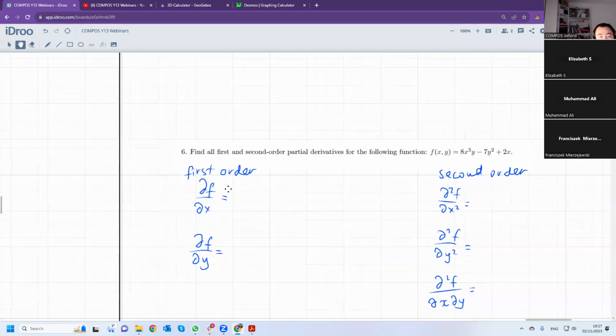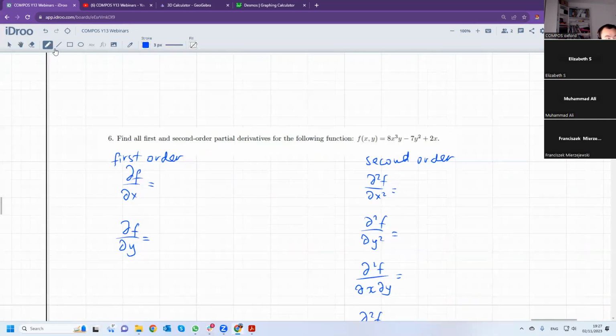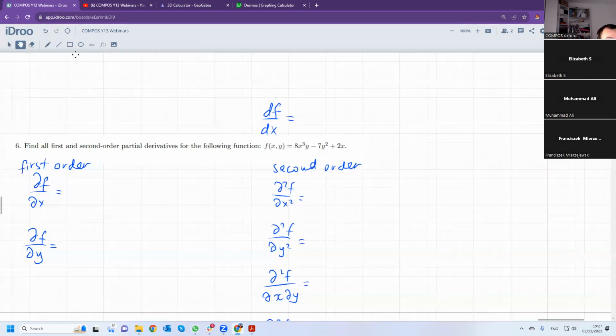So how do you do partial derivatives? For partial derivatives, you just treat the other variable as a constant. Remember, if I do a derivative with respect to x, I have to use chain rule here.